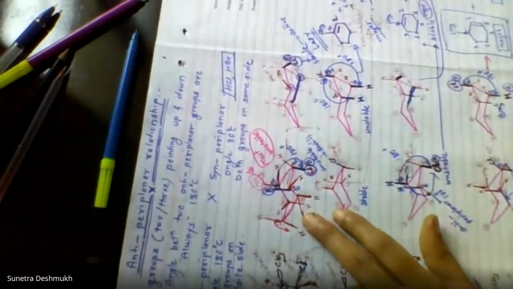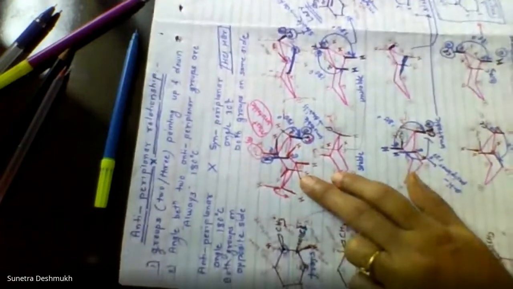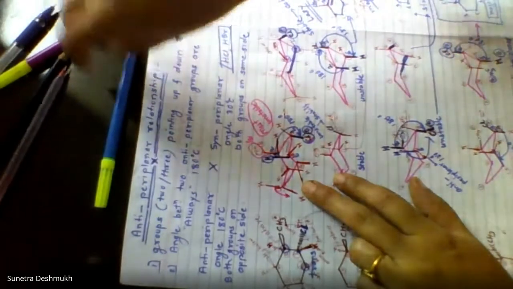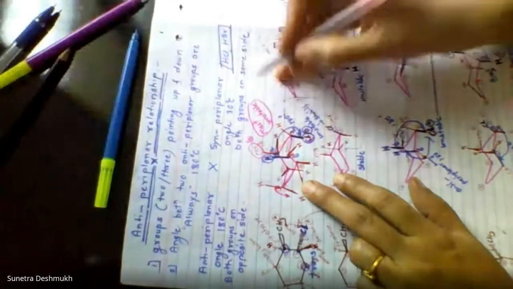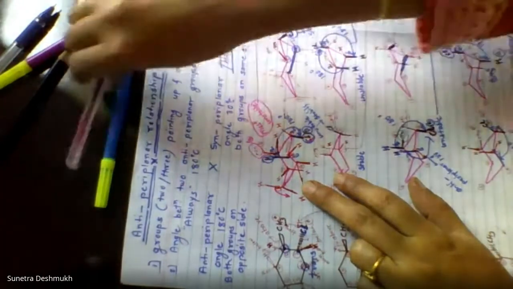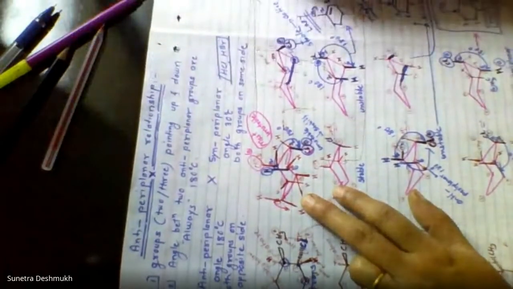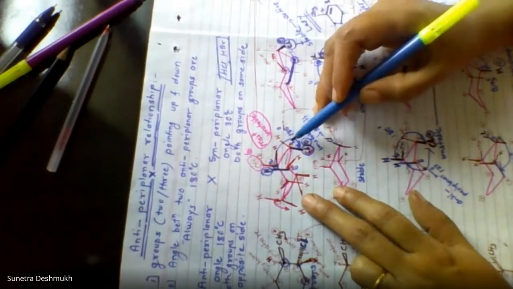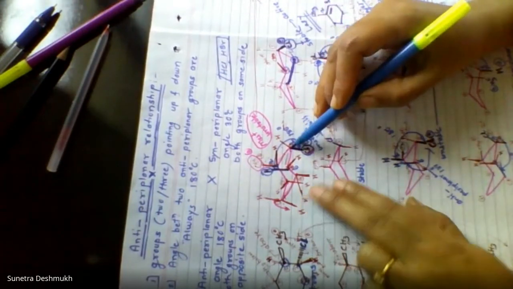So it will be too crowded. Now here we will see, now here we didn't show any product formation. Now this one is the most unstable. Okay, this is the most unstable conformer, so obviously this will give the major product. So I will draw here the major product from this unstable conformer, elimination.